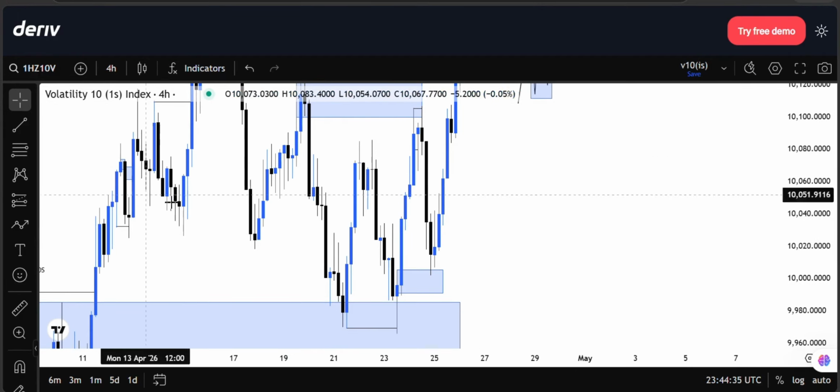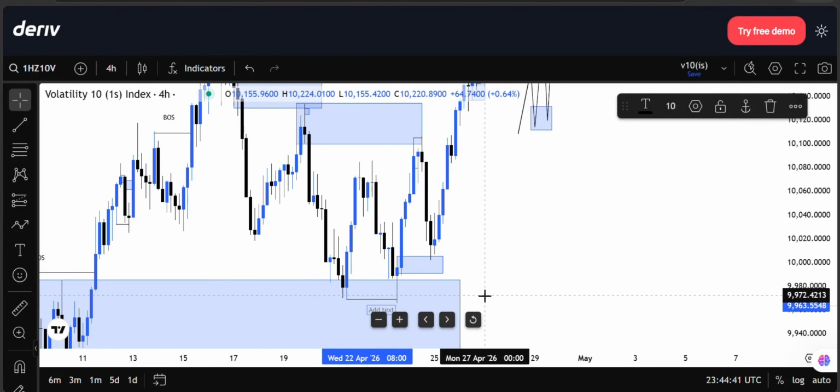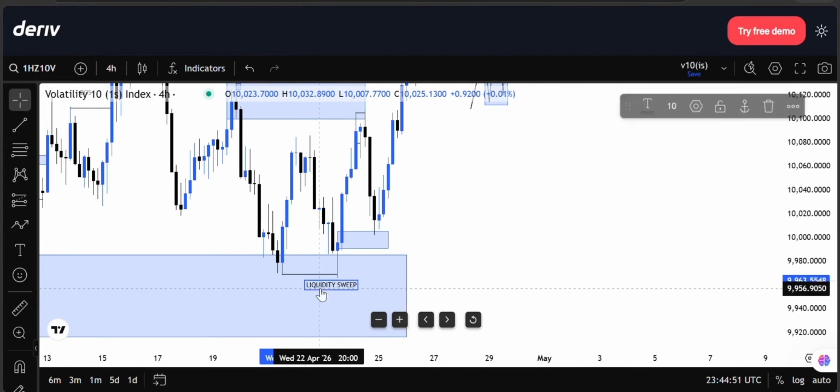So we can call that liquidity sweep. So there was a sweep of liquidity here.